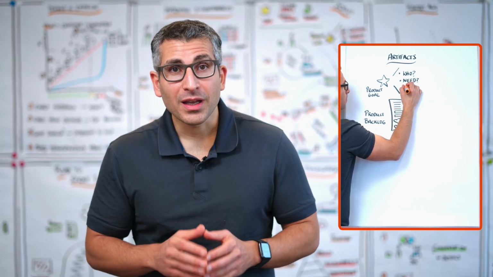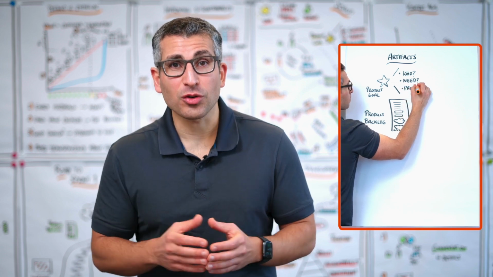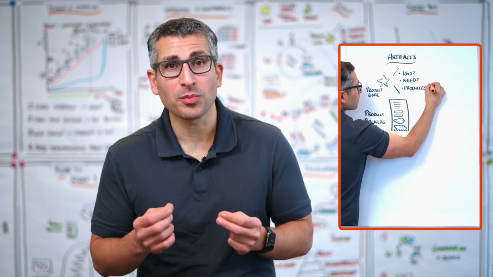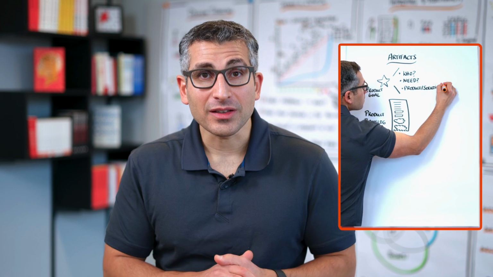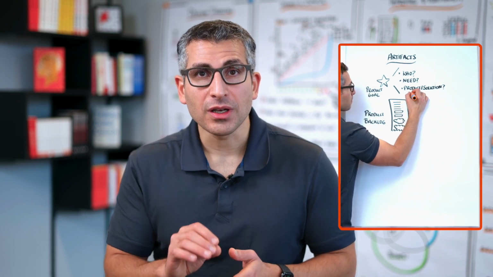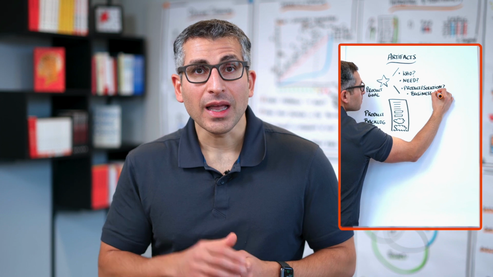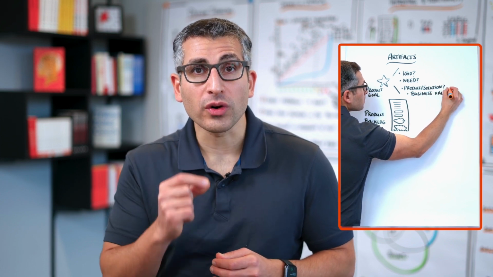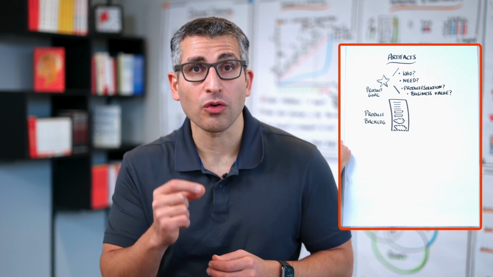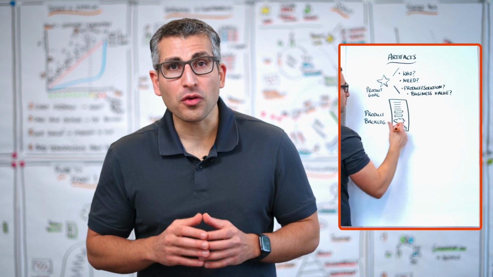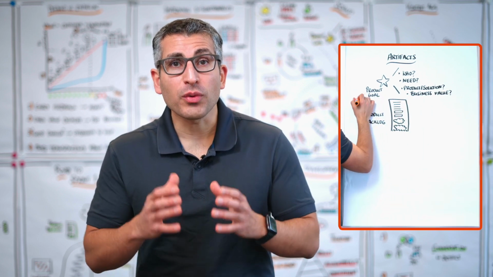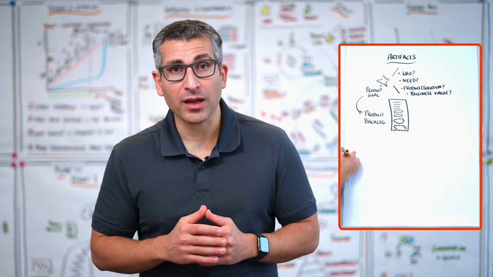Number 3, it should contain what is the actual product or service that we're going to build. And last but not least, it should also mention why are we building this product for us as an organization? How does it deliver towards our organization's strategy, mission, or vision? Based on these 4 things, we can create the requirements in our product backlog.